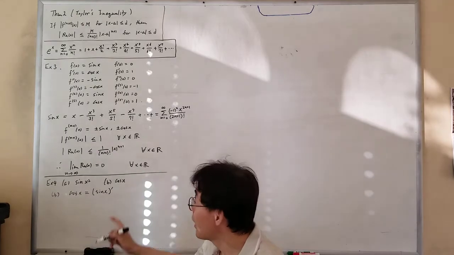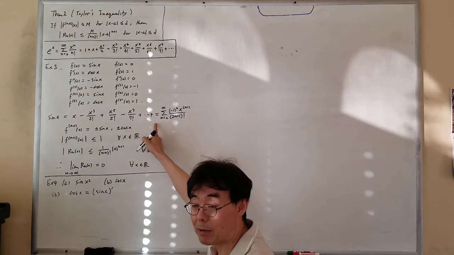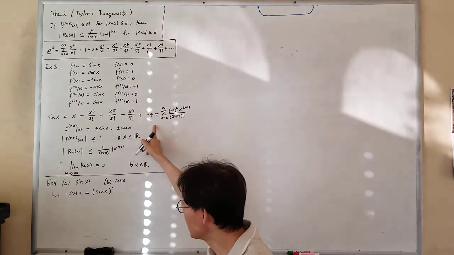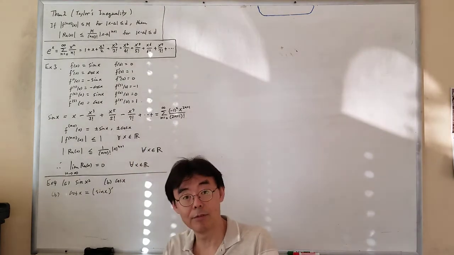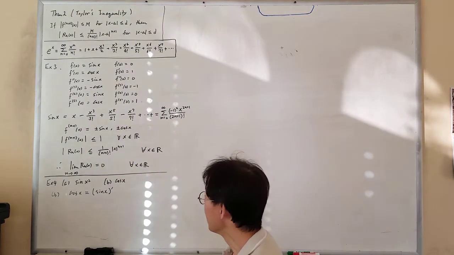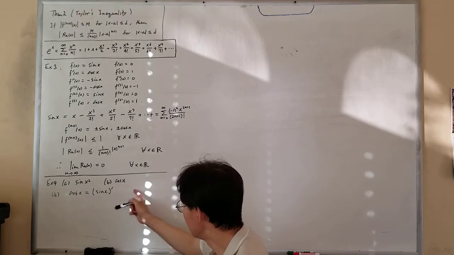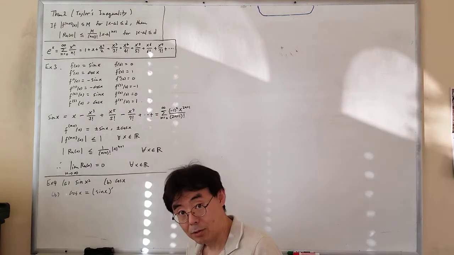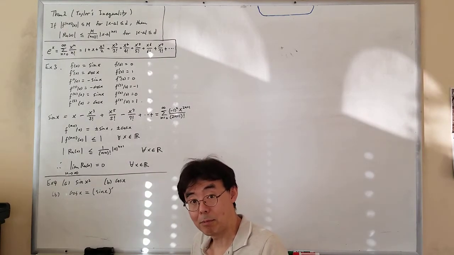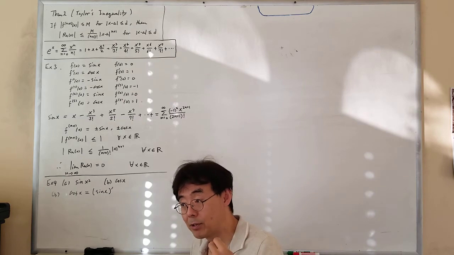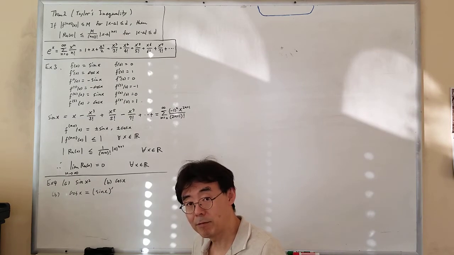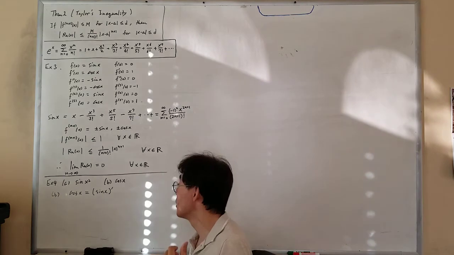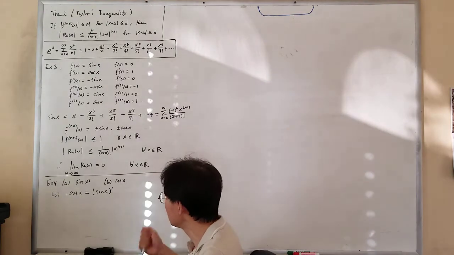Now we know that sine of x has a power series representation with radius of convergence r. Therefore, its derivative also has a power series representation whose series is obtained by term-by-term differentiation. That was the main result from section 8.6.